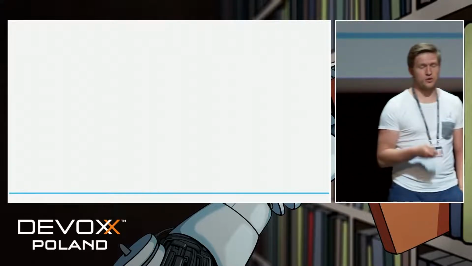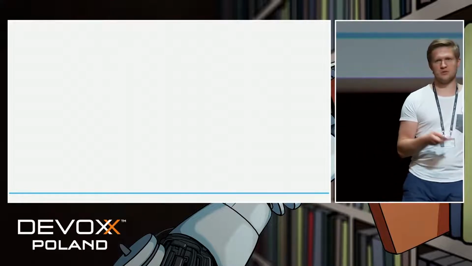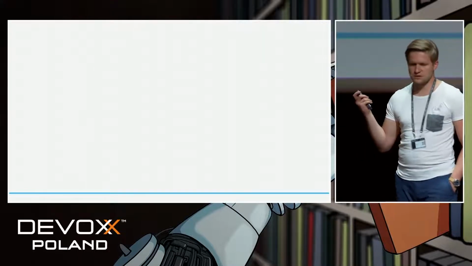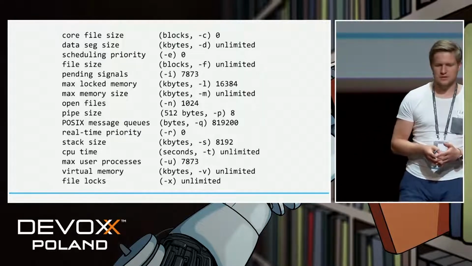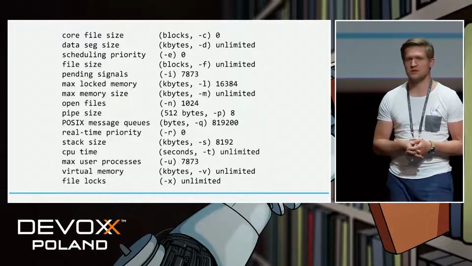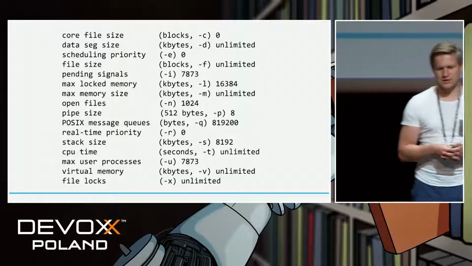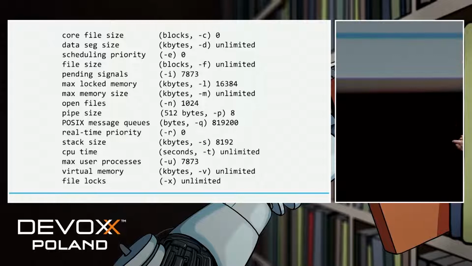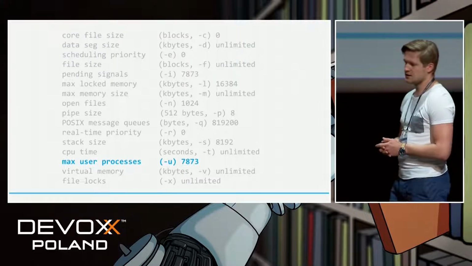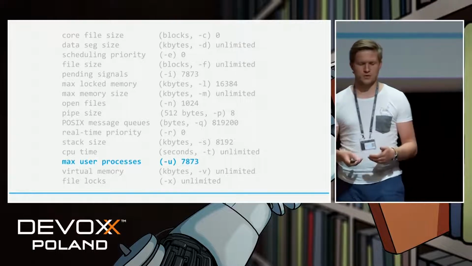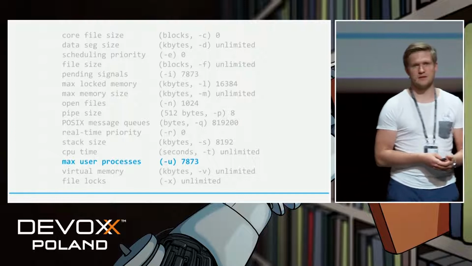So if it's not the memory that limits me, what is the limit? And here we come to the notion of those operating system limits. There are a lot of those, and they usually show up when you least expect them. The one that we're interested in is the max user processes limit. It tells us that a single user cannot spawn more than around 8,000 processes.